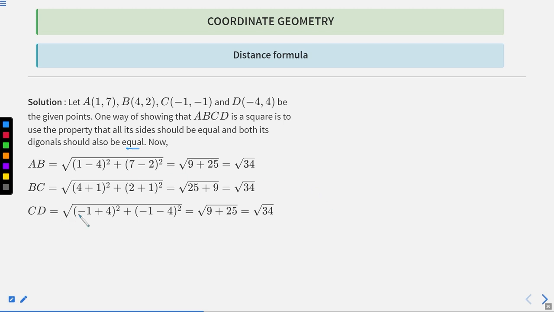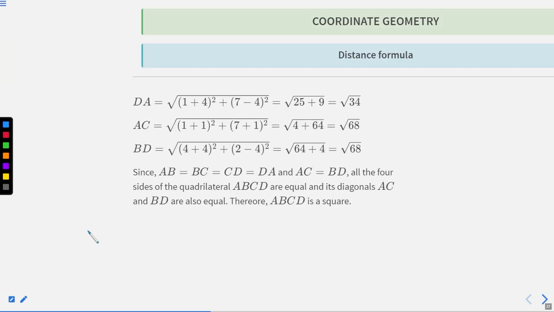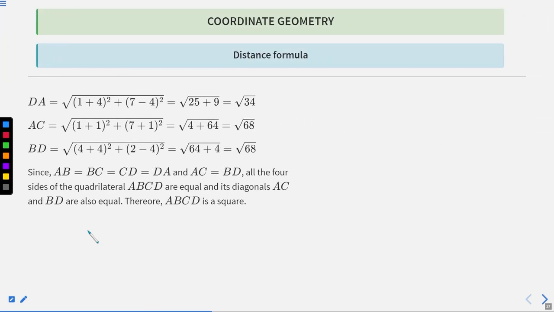Okay, and here CD is equal to the square root of (-1 plus 4) squared plus (-1 minus 4) squared, and this is equal to the square root of 9 plus 25, which is equal to the square root of 34. And DA is equal to the square root of (1 plus 4) squared plus (7 minus 4) squared, which is equal to the square root of 25 plus 9, which is equal to the square root of 34.